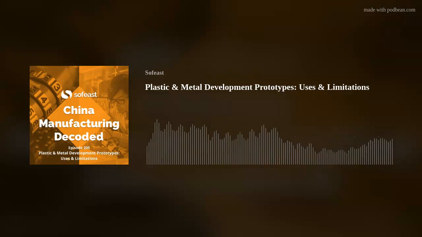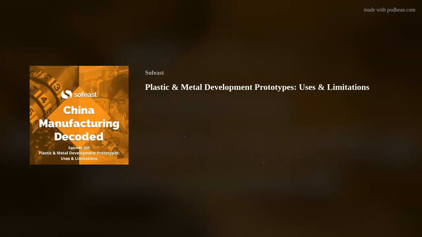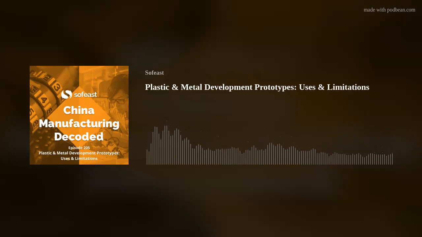Design complexity. This is a big one, actually, and I think I've touched on this quite a bit throughout the podcast itself with respect to why the processes of both CNC machining or any of the other processes we talked about, you're not necessarily going to be able to achieve the complexity that you require in the final product, where you would be able to get that from a die cast, for example, or an injection mold tool.